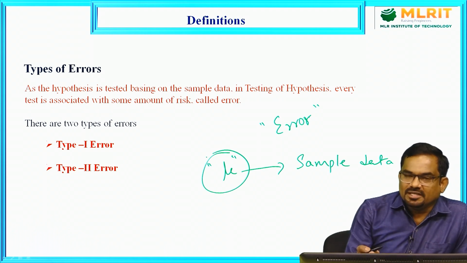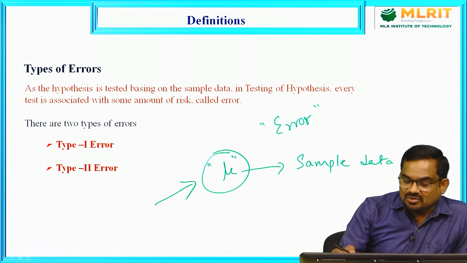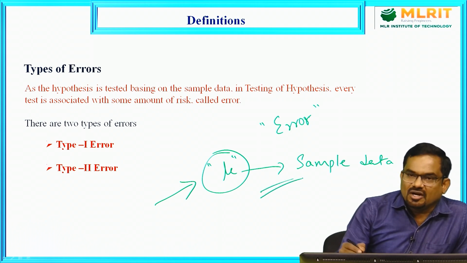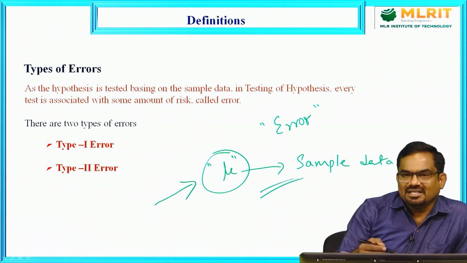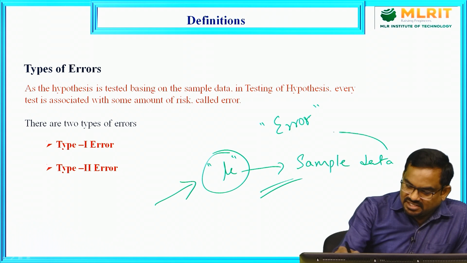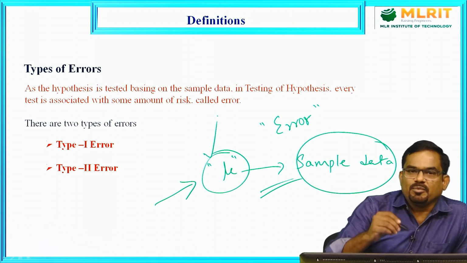So, obviously, this procedure will be associated with some error, as we are not considering all the values of the population. As I told you before, it is not practicable or economically possible to study the entire population. We consider a sample from that population, and based on the sample data, we take the decision about the entire population.